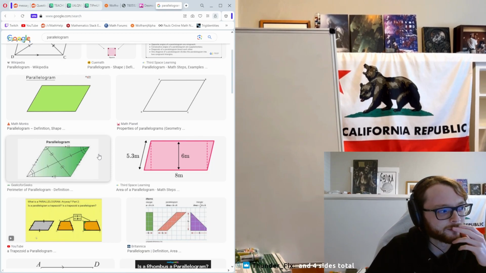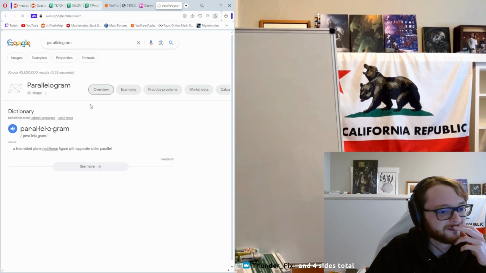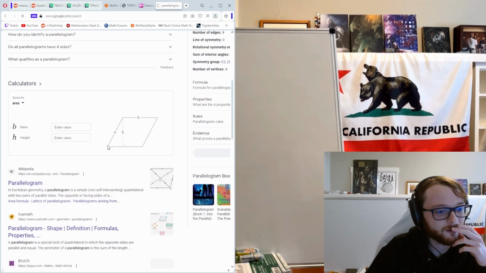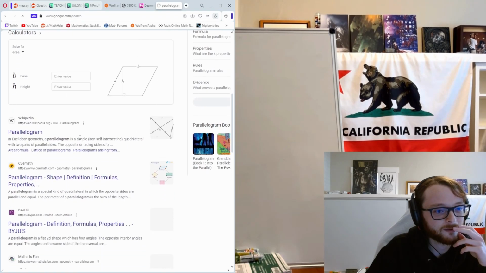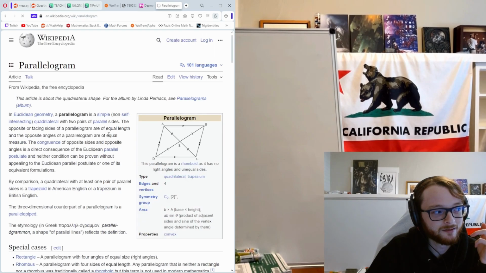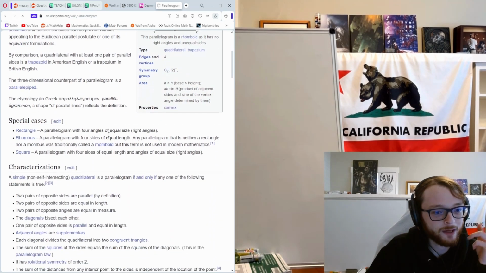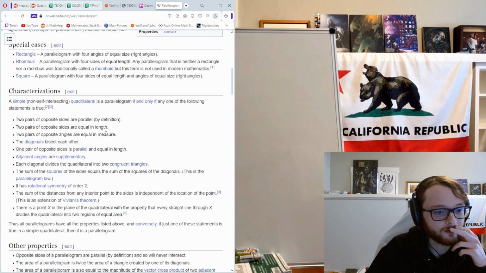Oh shoot, is that going to be important to this question? Because if there has to be two pairs of parallel sides, doesn't that mean we only have one possible thing? I was getting a little confused on that when I was trying to think of this.